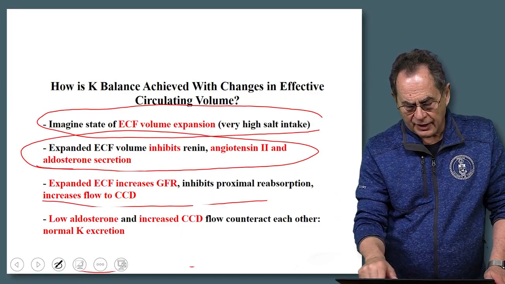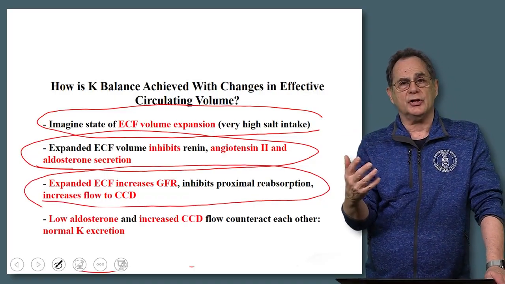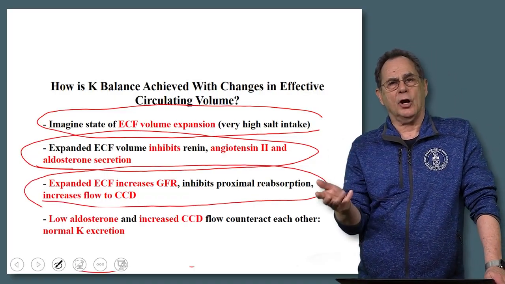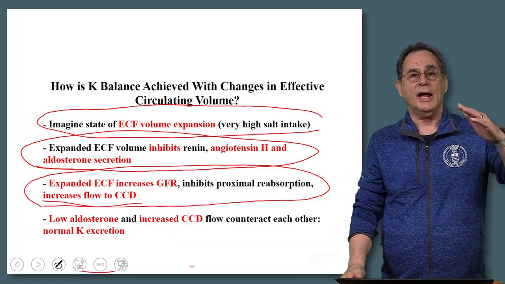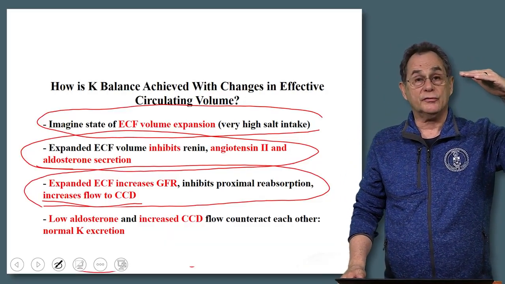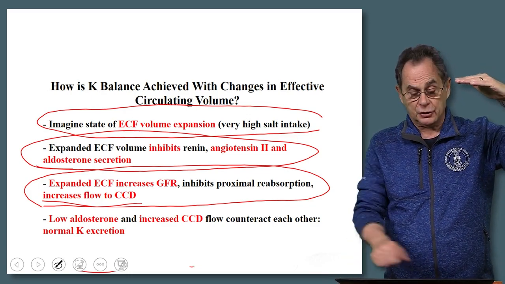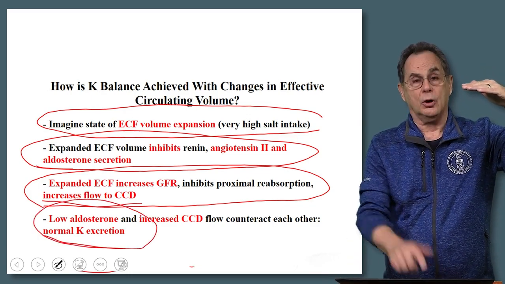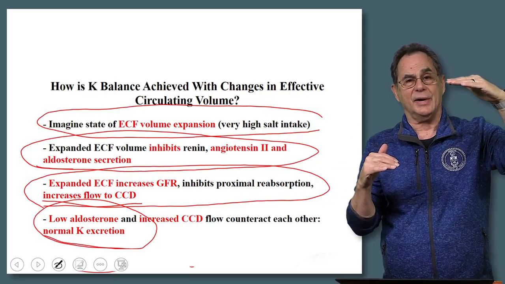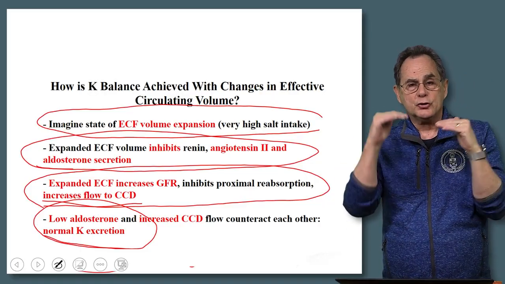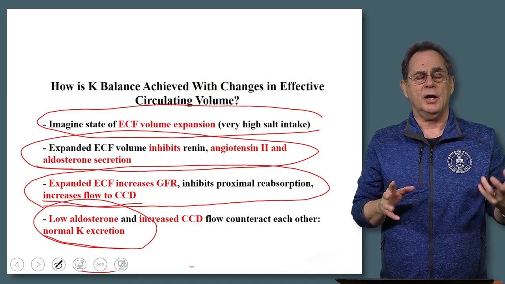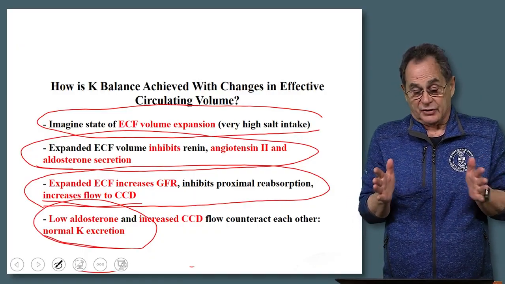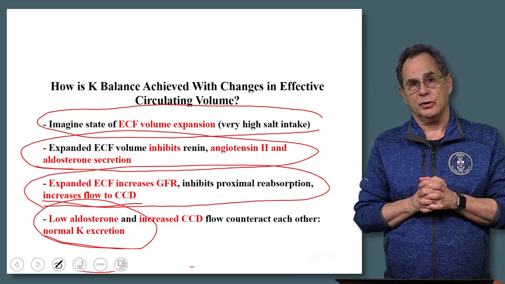The expanded extracellular fluid will raise the GFR, inhibit proximal reabsorption, and increase the flow rate to the collecting duct. So increasing flow rate will serve to increase passive K secretion, but the low aldosterone will tend to limit the passive K secretion, so that you get this independent regulation of volume and potassium by having these counteracting influences.